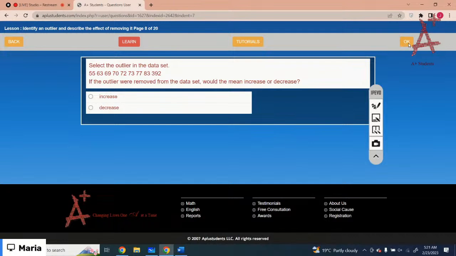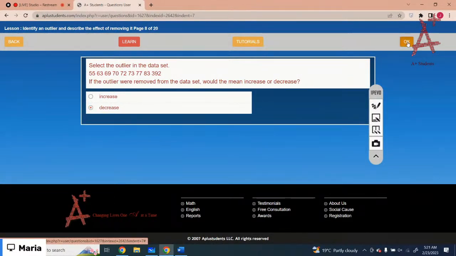So which is the outlier? 392 is the outlier. Got it? That is a bigger number than the other ones. So that means if we remove a greater number, then the mean is decreased. Got it? So it would be decreased.